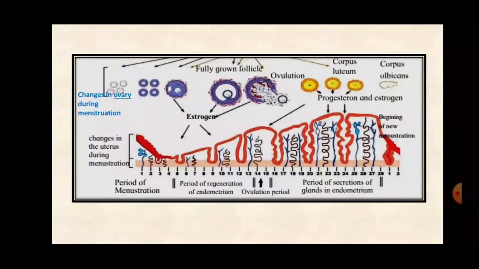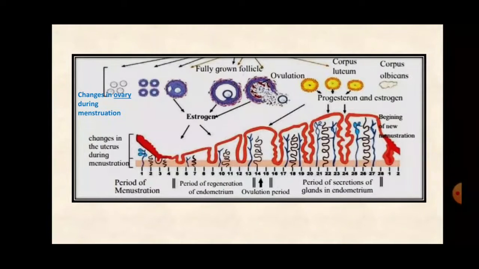Okay, if this oocyte is not fertilized, the corpus luteum that you saw, which was secreting progesterone, is now transformed to corpus albicans, which is the inactive form of corpus luteum. Now, due to this formation of corpus albicans, secretion of estrogen and progesterone stops completely.